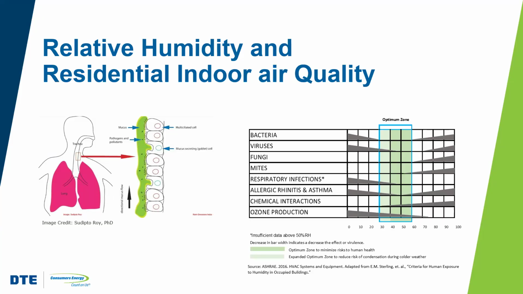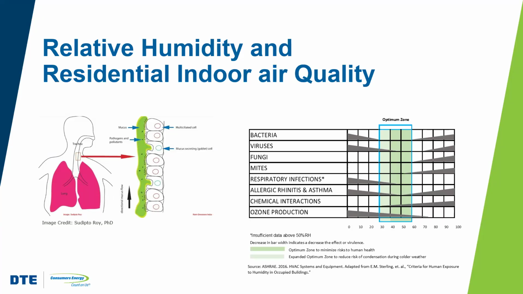And we've known since the mid 80s, right, that the relative humidity level inside buildings impacts human health, and it also impacts some of the other things that we don't want in our indoor air, such as bacteria, viruses, mites, and the like.